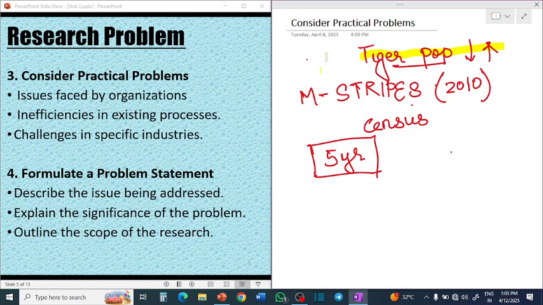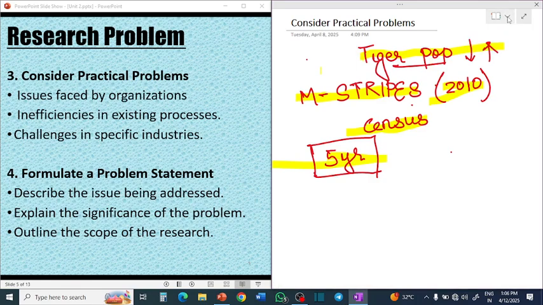To make a census of how many tigers there are, you have developed a mechanism called M-STrIPES. M-STrIPES was actually developed in 2010, but for the sake of our understanding, we can say that a new mechanism has been developed to understand the population of tigers, and you want to do research on that. You want to find out the census of how many tigers there are every 5 years. These are the new things, the practical problems, you have to do your research on.